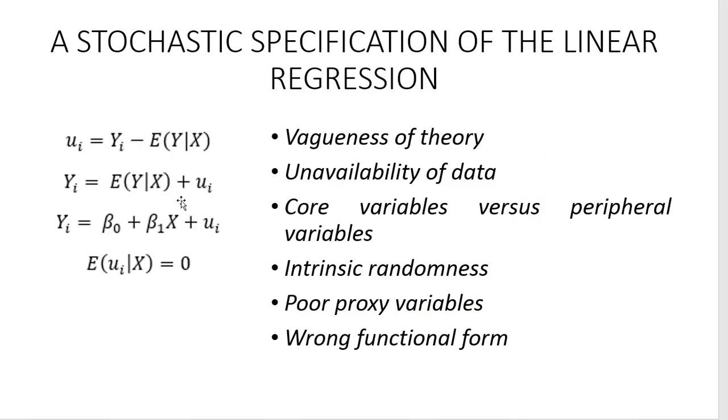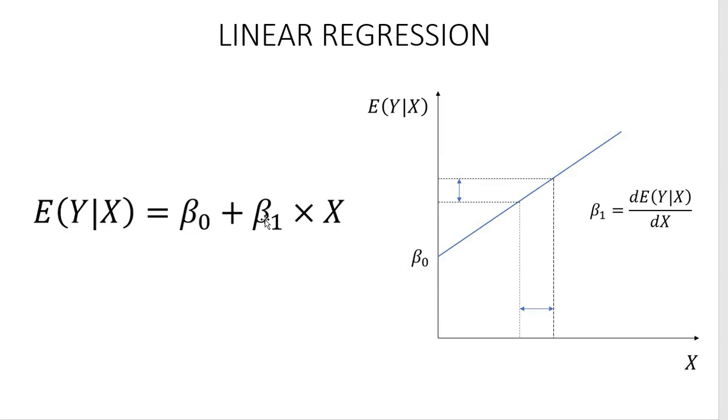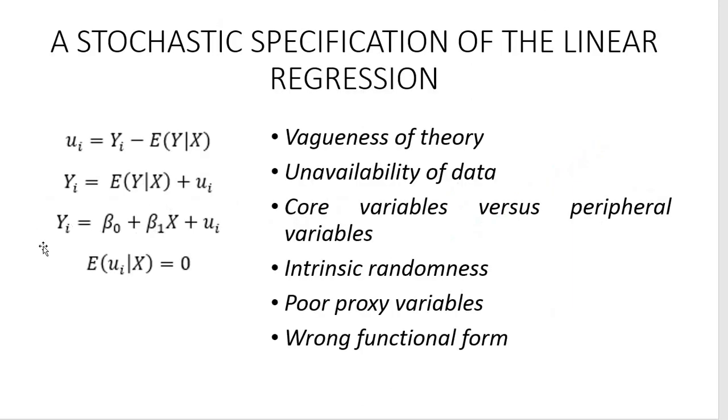If you put this expression instead of the expected value of y from the previous equation we analyzed here, so you just put this one instead of this one in this model, this is what you have. So of course, in a perfect ideal world, all the regression models are 100% correct and error terms are equal to 0.